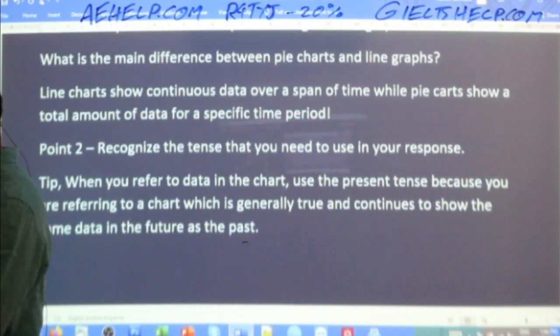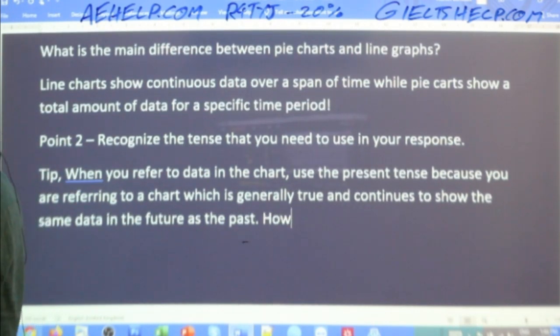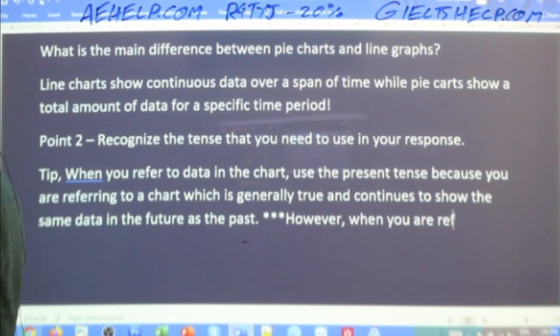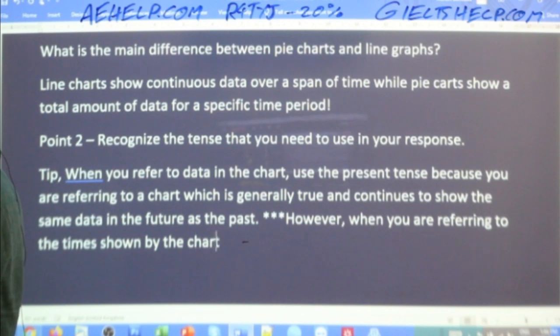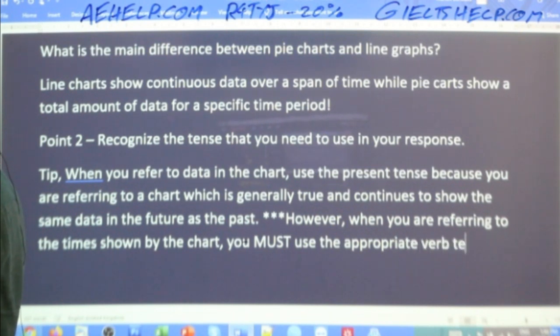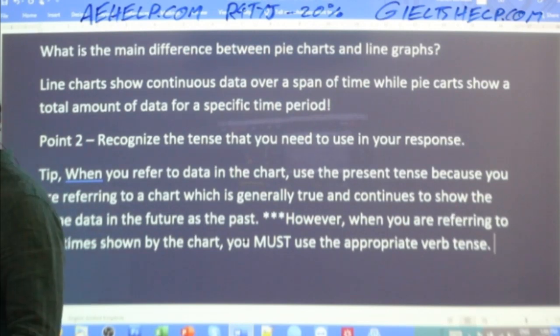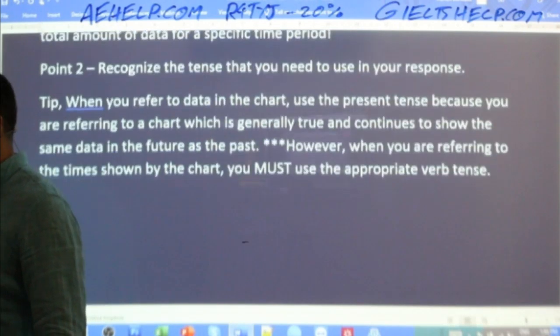Okay? However, and this is the important part here, when you are referring to the times shown by the chart, you must use the appropriate verb tense. Okay, I'll show you what I mean by that, so that's more clear for you.